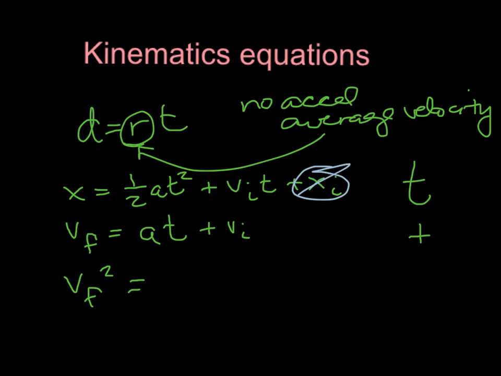V final squared equals V initial squared plus 2ax. Okay, so our final velocity squared is equal to our initial velocity squared plus 2 times the acceleration times, now this x is your displacement. Alright, so pause the video, write these guys down because you're going to be using these a lot.